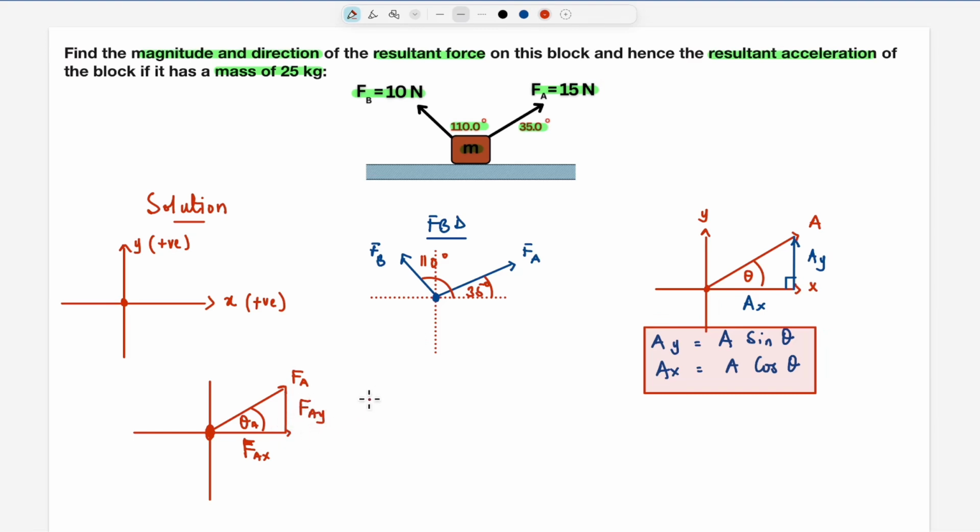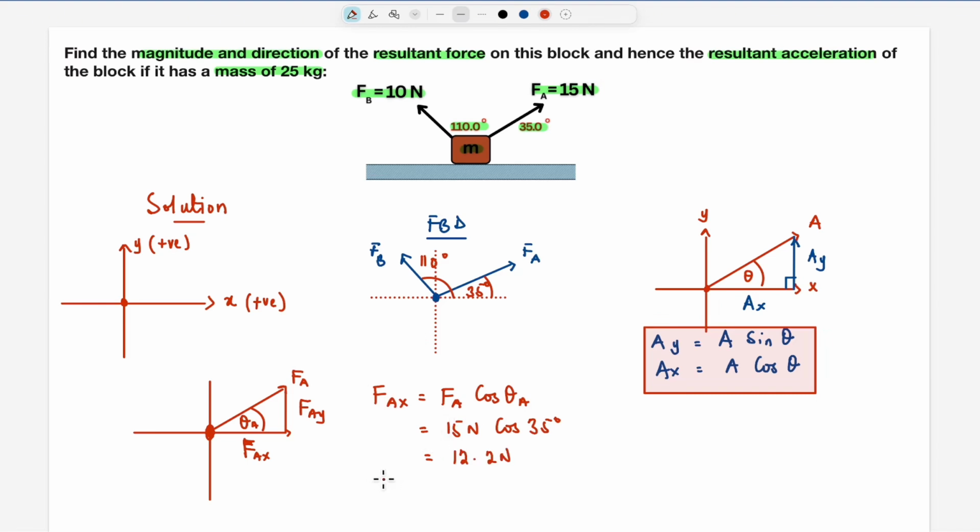Applying this, FAX is equal to FA cosine of the angle theta A. FA is given to us as 15 newtons, and then cosine of 35 degrees. FAX should give us 12.29 newtons.